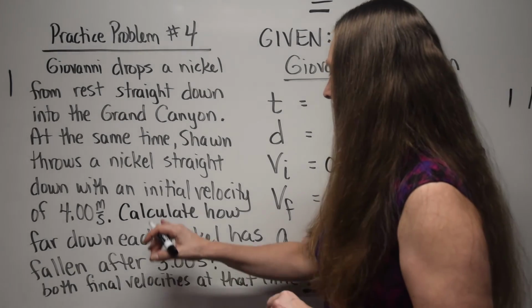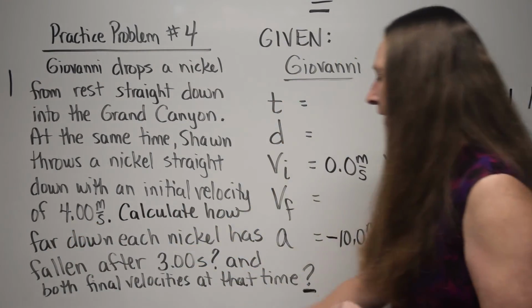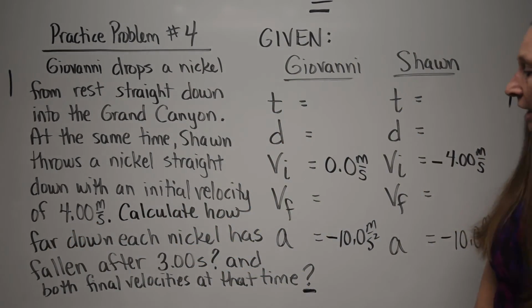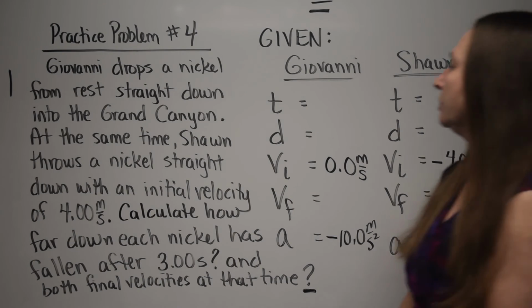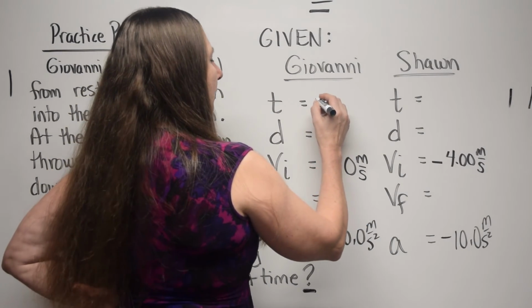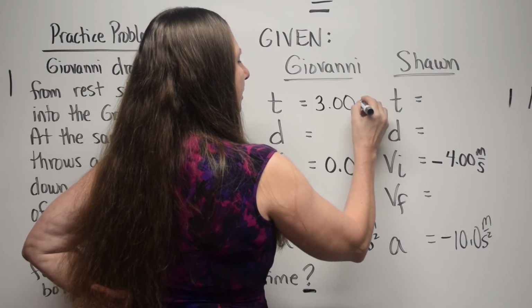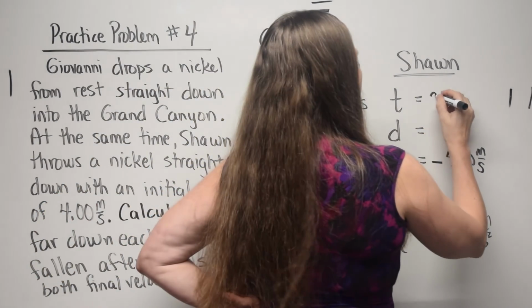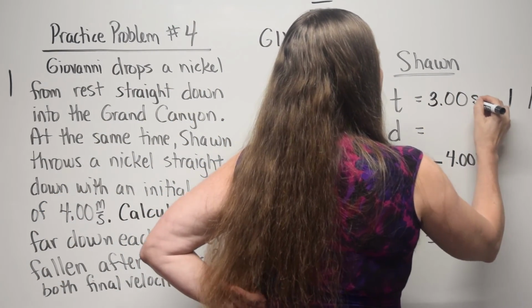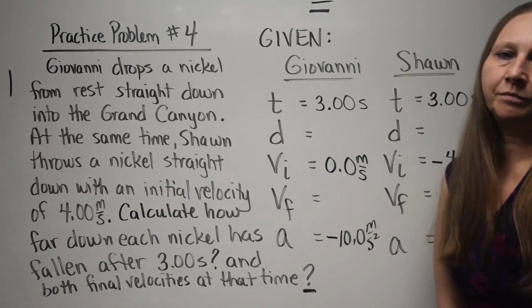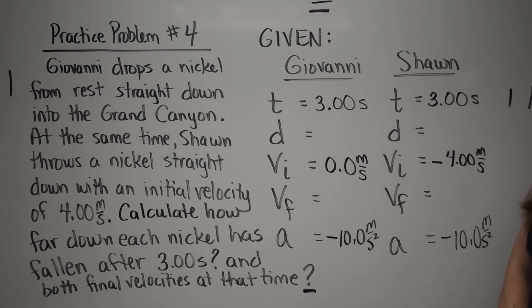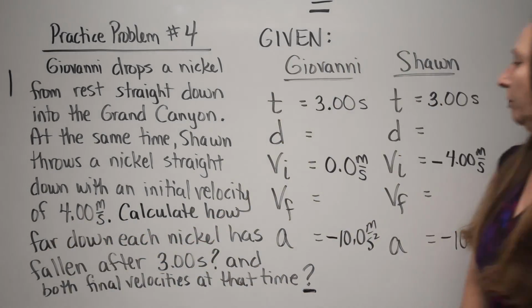Now, calculate how far down each nickel has fallen after 3 seconds. So Giovanni's nickel after 3 seconds and Sean's nickel after 3 seconds. Now, how far down?